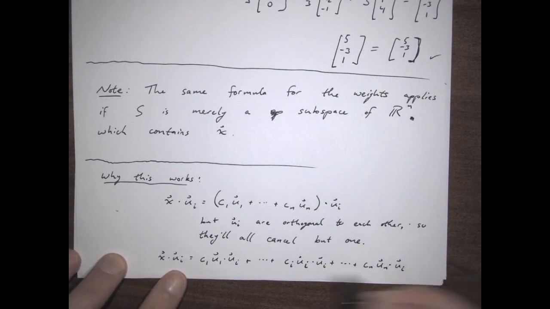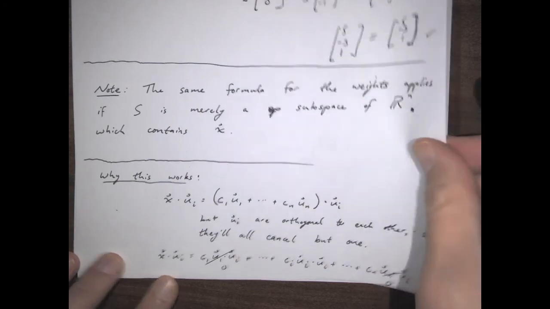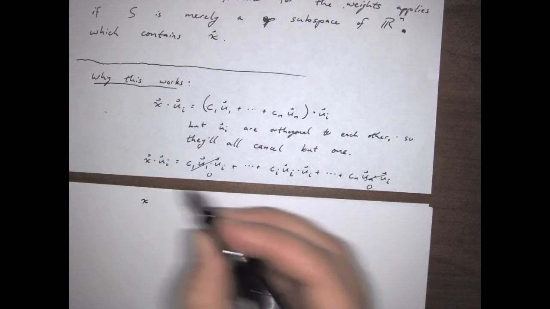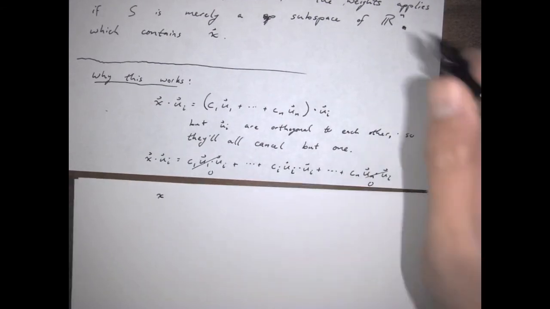Basically this is going to be 0 and this is going to be 0, which means everything is going to be 0 except the one where the U's match.